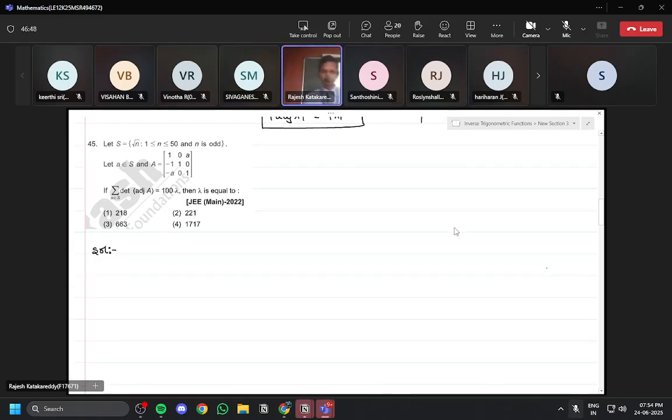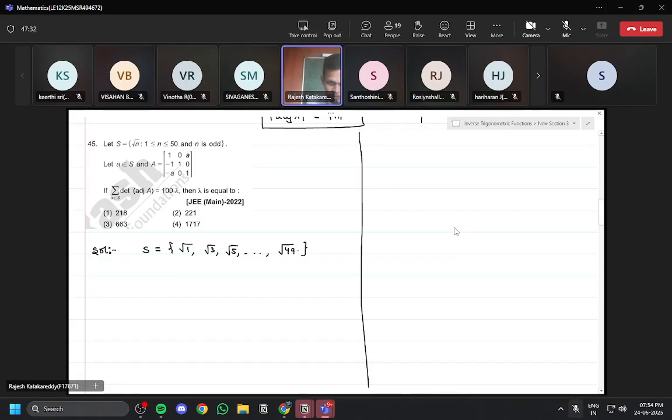This is problem 45. In problem 45, read all the given information. They have given set S. Inside set S, we have square root of n such that 1 ≤ n ≤ 50 and n is odd. So next to this, I can write that S is equal to the square roots of odd numbers: root 1, root 3, root 5, and so on, up to root 49.